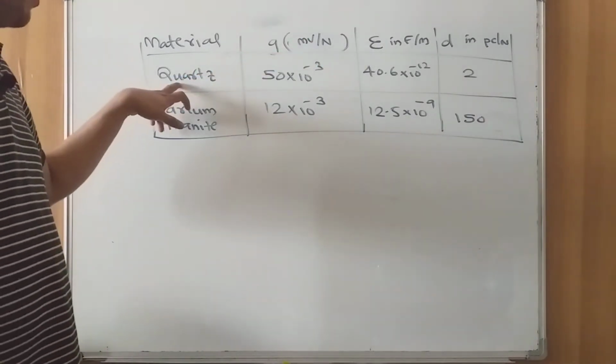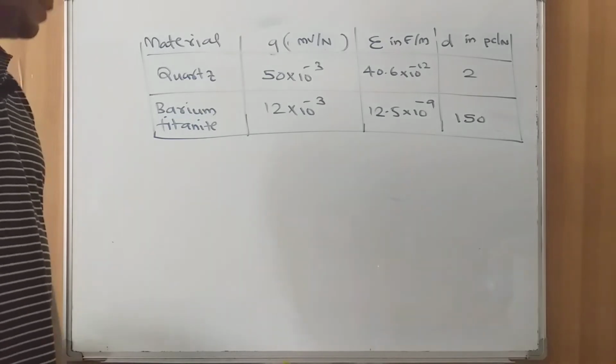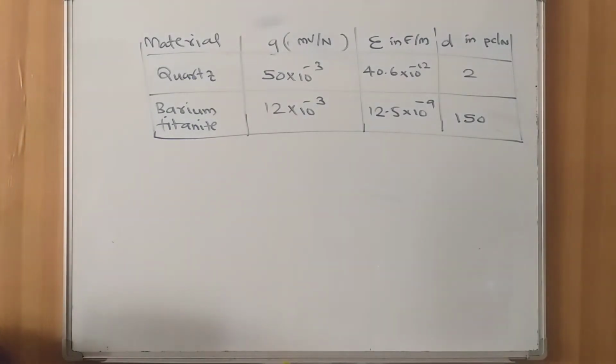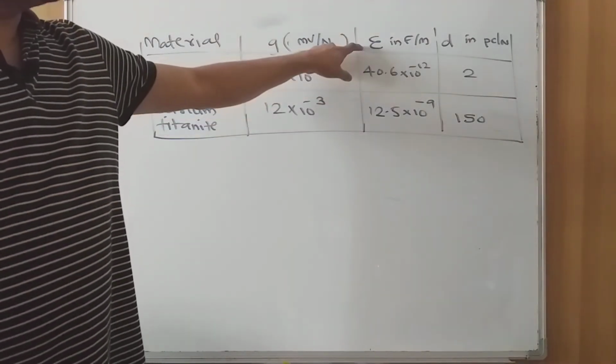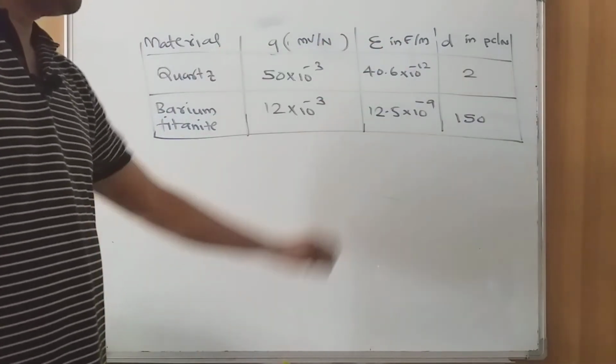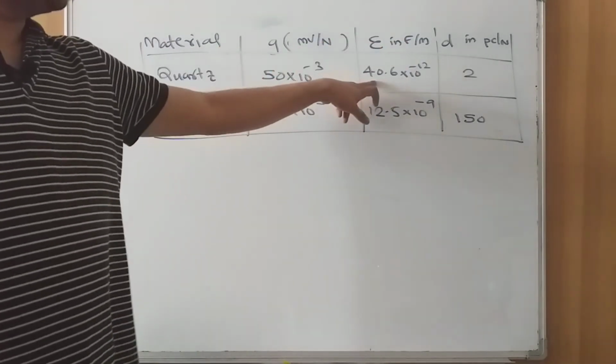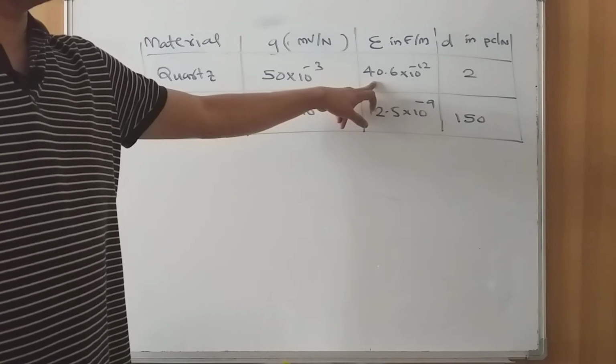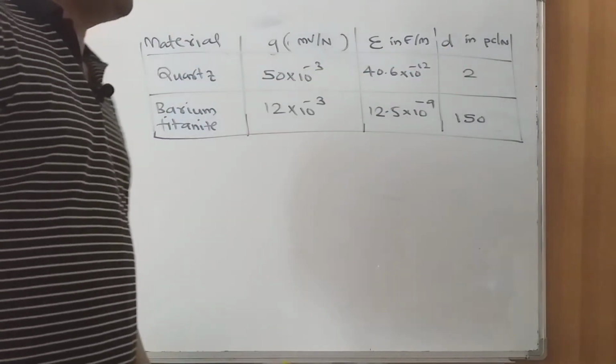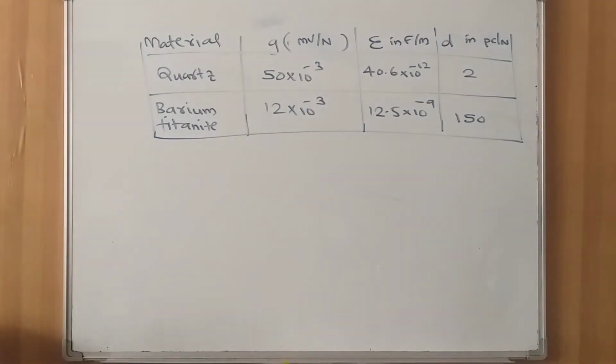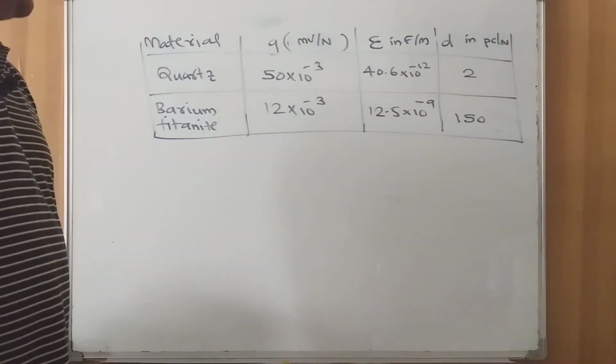For quartz, we found that it is 50 into 10 to the power minus 3, and the epsilon, which is the permittivity in farad per meter, for quartz is 40.6 into 10 raised to minus 12, and D, which is the charge sensitivity in picocoulomb per Newton, is about 2.